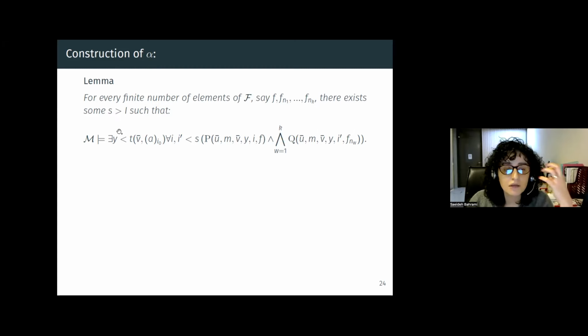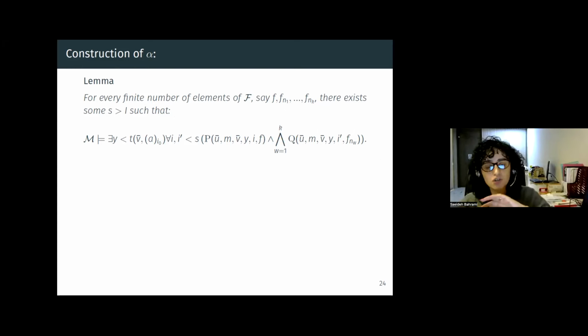This lemma says that for any finite elements of F that we have, there exists some S larger than I, such that this property holds. The proof of this lemma is by contradiction, and we define some new sigma 1 functions, and we use the induction hypothesis and get the contradiction.